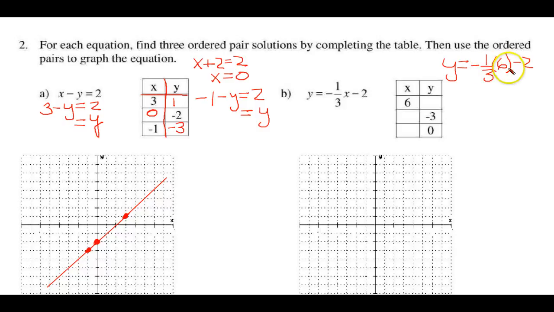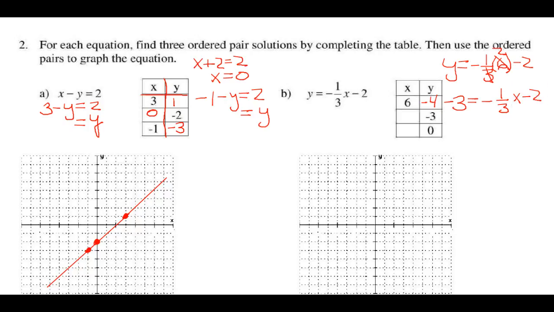So a negative 1/3 of 6, this cancels out nicely, and we get a negative 2, and a negative 2 will give us a negative 4. Now if y is 3, we just do it this way, 3 equals negative 1/3 x minus 2.